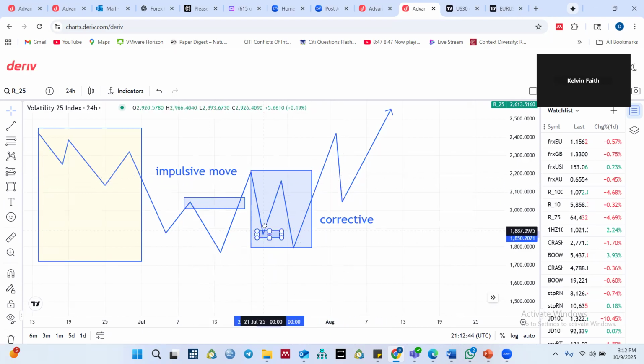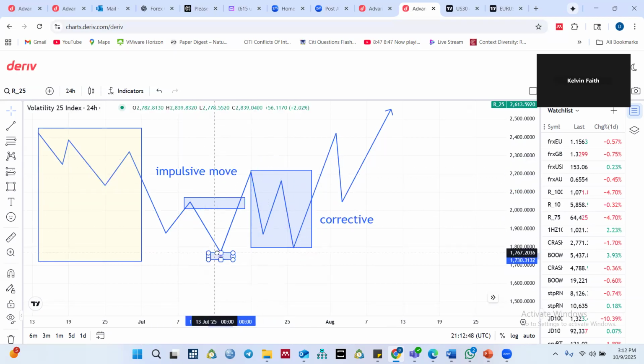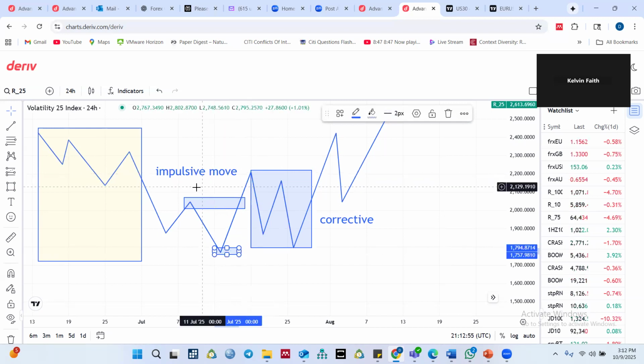But at this point, price was now creating the reversal pattern. So the issue is that we got a low here and we got a high that was an impulsive move that broke a previous lower high.